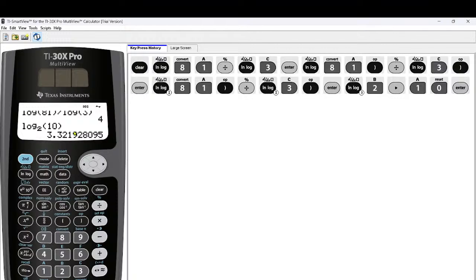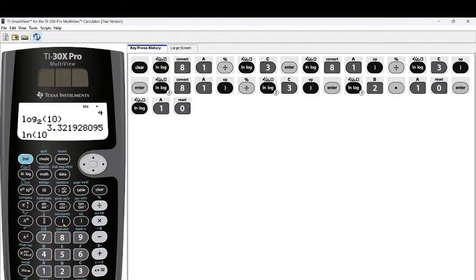So just be on the lookout for that. Pay attention to how many decimals you need. We definitely go more than 2. Just to confirm, if I wanted to use natural log of 10, close parentheses, divided by natural log of 2, close parentheses, you will get the exact same decimal.